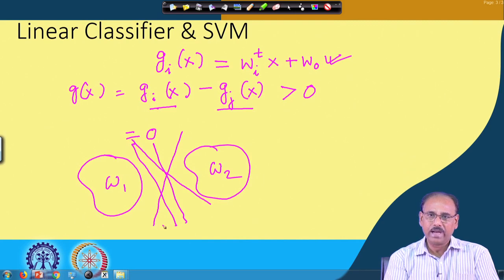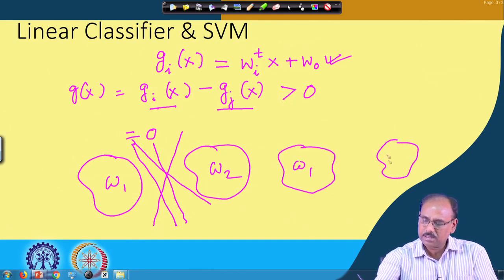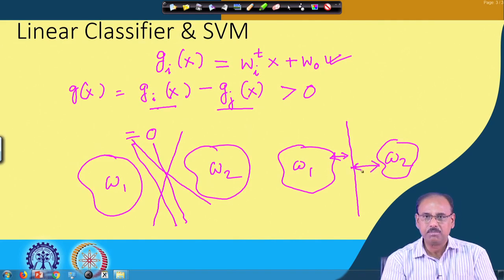So, there we went for support vector machines, which ensure that the margin you get is maximum. That means your separating plane, given a set of samples belonging to omega 1 and another set belonging to omega 2, gives you a maximum margin from the samples belonging to class omega 1 and the samples belonging to class omega 2. And this was the aim of the support vector machine, or SVM.